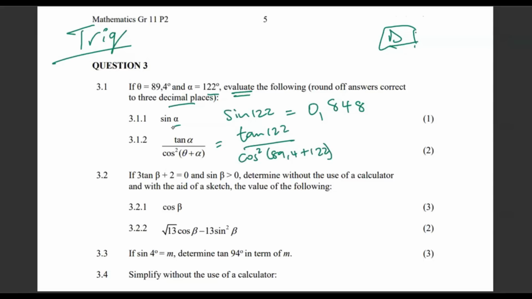So punch this in the calculator. Don't break it down. Where there is cos squared, you can just say cos of this whole thing times cos of that whole thing, or put it in brackets and then you square it at once. Okay, so we're saying we have the tan of 122. We're dividing it by, we're going to say brackets, cos of 89,4 plus 122.